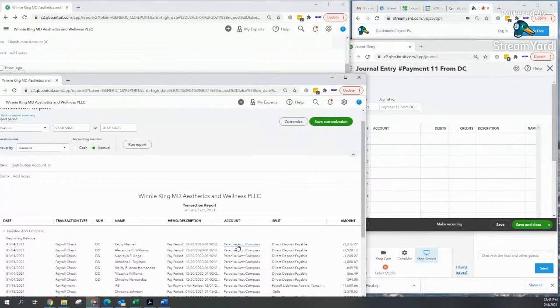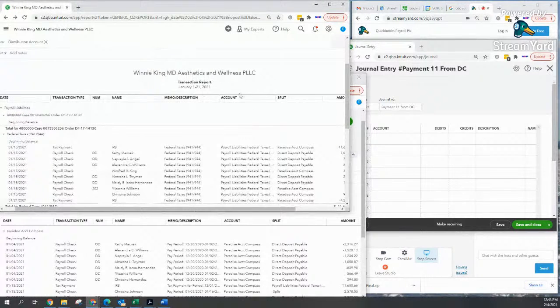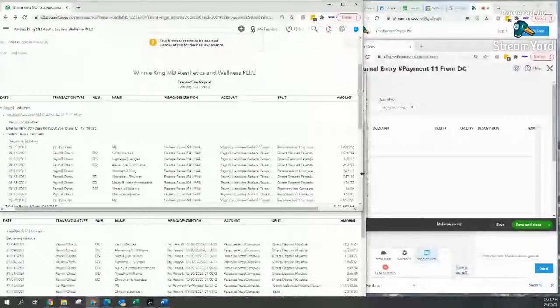It's coming from the Paradise account, and it's going into direct deposit payable. We will have 2 issues there. The other piece is the payroll taxes. So let's start with the payroll taxes because it's actually going to be easier.